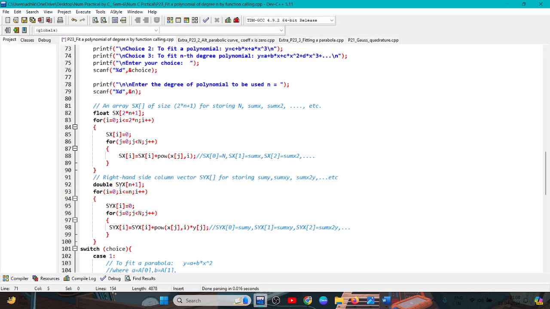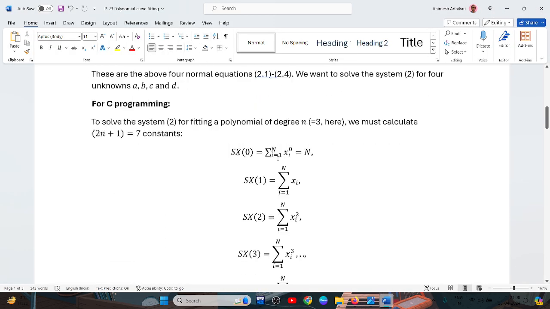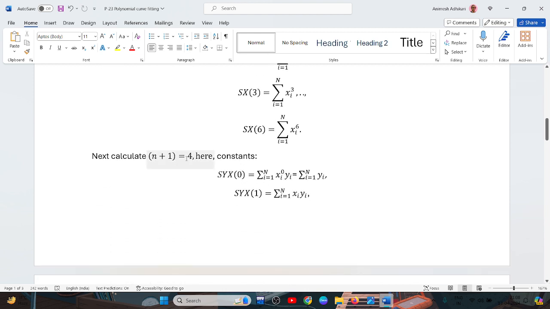So double Syx n plus 1, with n equal to 3, so this dimension is 4 here, because we choose n equal to 3.